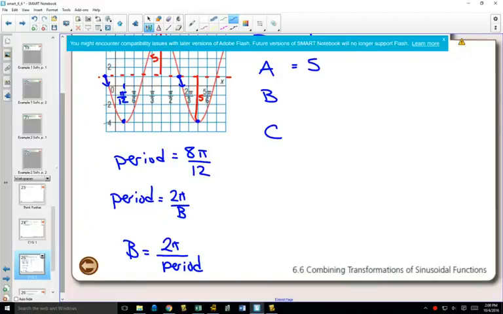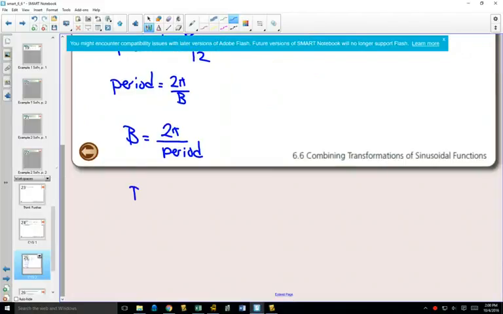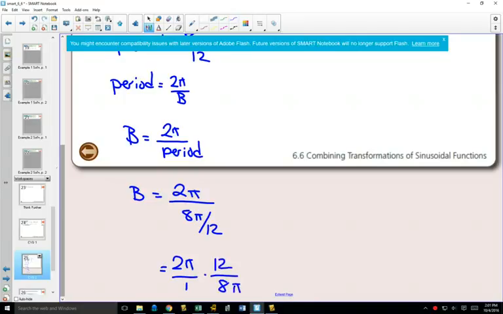And if our period is 8 pi over 12, how do we simplify this? How do we divide by a fraction? Multiply by the reciprocal. So this would be the same as 2 pi over 1 multiplied by 12 over 8 pi. Your pi's are going to cancel out. 24 divided by 8 is just 3.